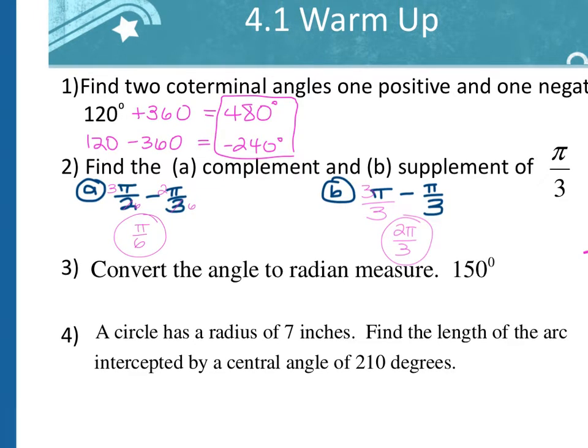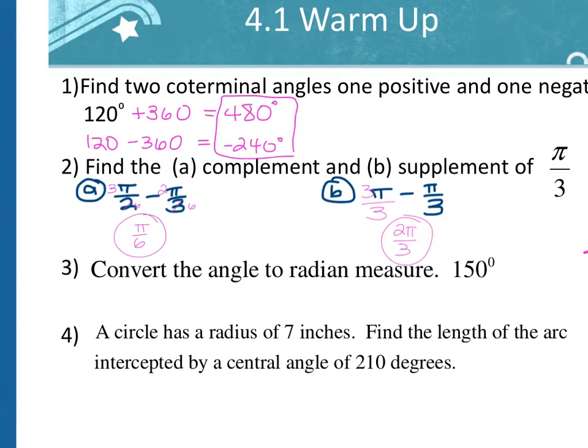Okay, 3 says convert the angle to radian measure. So remember, it could just say convert from degrees to radians, radians to degrees, or vice versa. You've got to be able to look at it and say if it's radians or degrees. And remember yesterday we said the only way to know for sure is that the degrees has to have the degree symbol on it. Radians typically has pi, but does not have to have pi.